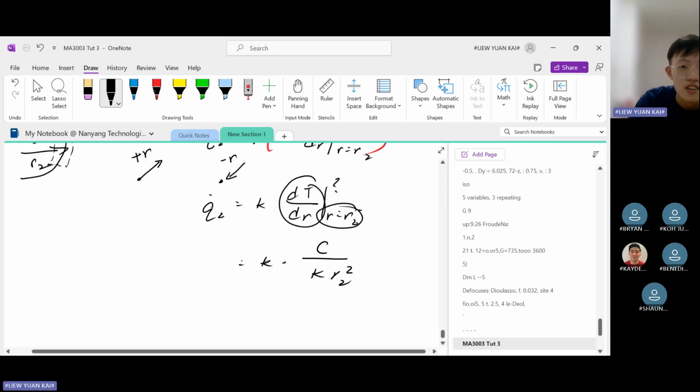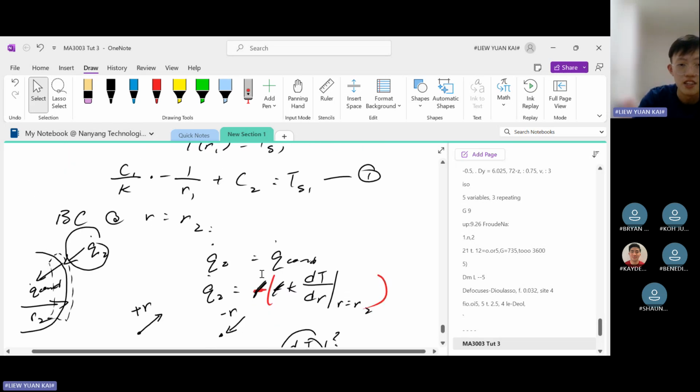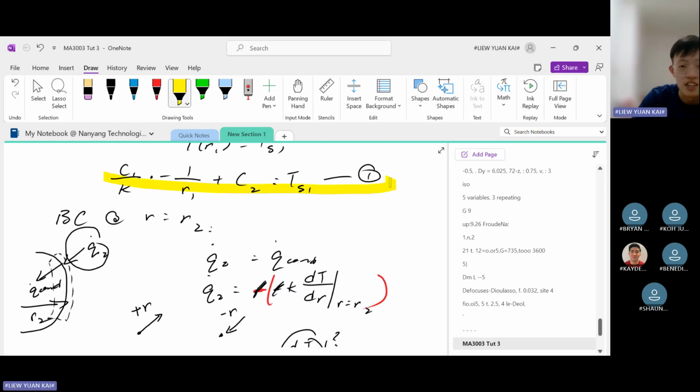Okay, that's why. Notice that this K can cancel with this. And then if you make C1 the subject, you will get Q2 R2 squared. Now, don't forget, we need to find C2, right? So how do we find C2? Remember equation 1? We're going to sub our C1 into here.